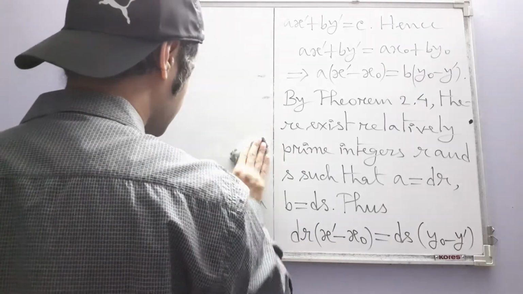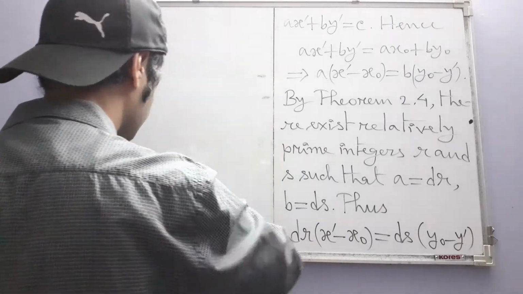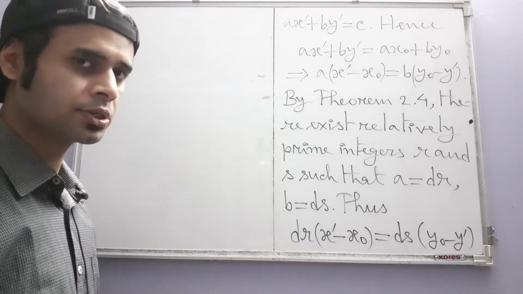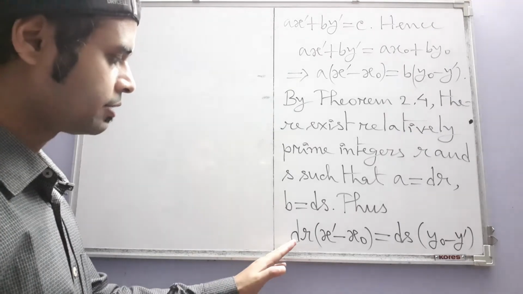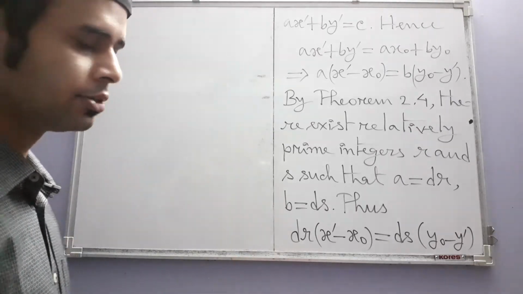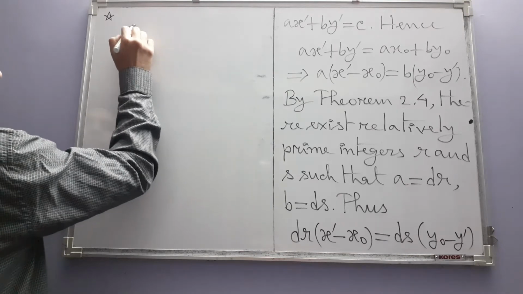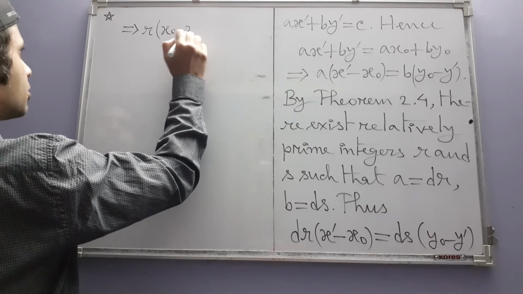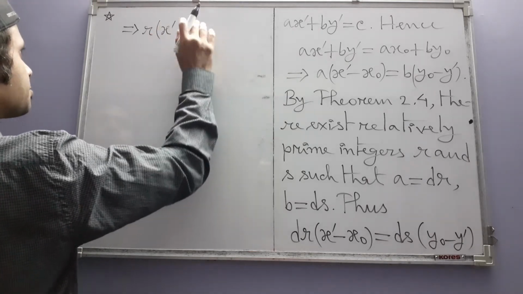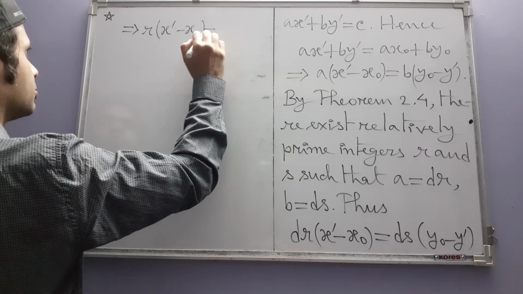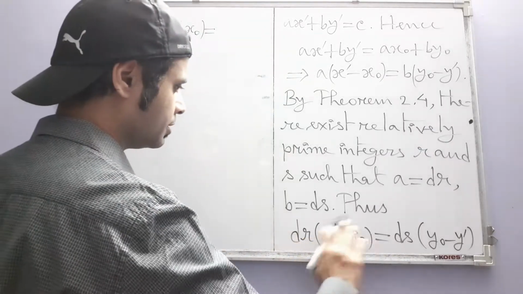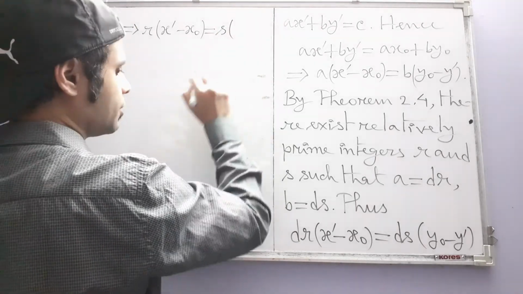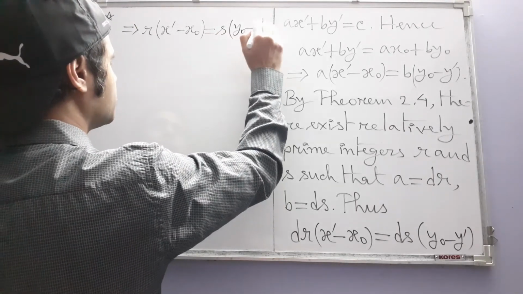But in any such cancellation, you of course should first make sure that the thing you are cancelling is non-zero. D is non-zero because it's the GCD of a and b, and it's by definition a positive integer and hence non-zero. So we can simply write r times (x prime minus x naught). Things will be wrong if we forget this order. That is equal to s times (y naught minus y prime).